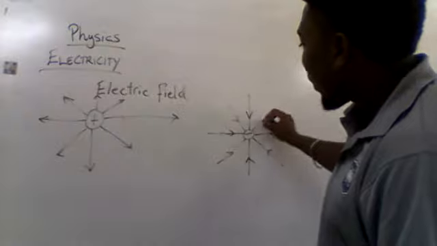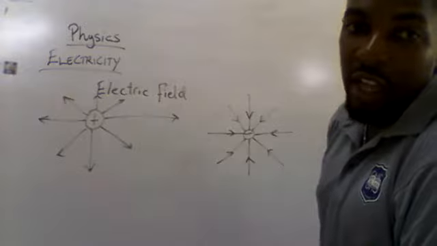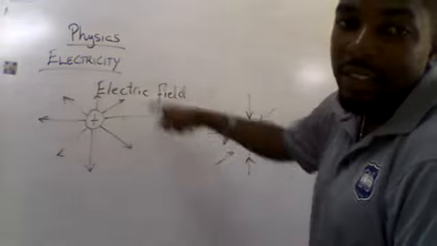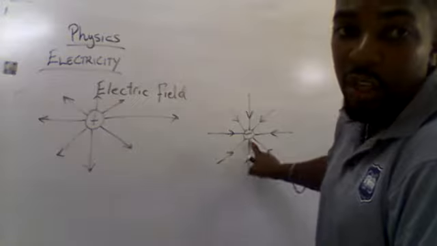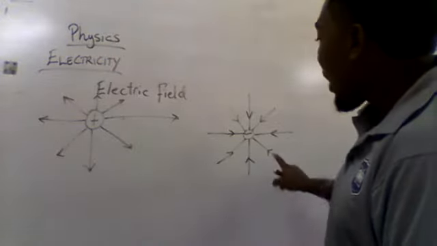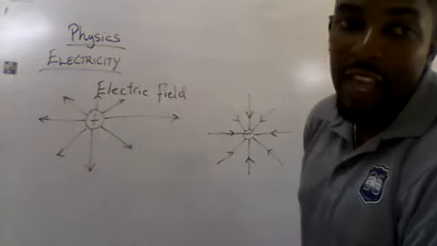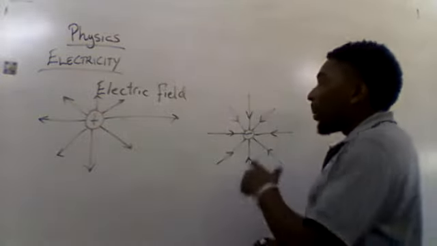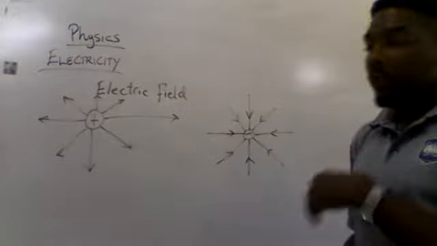No matter where you place that positive charge, they're all attracted towards the negative charge. Therefore, it gives you a similar radial pattern, but the key element here is that these lines point towards the negative charge. Therefore, this represents the field lines of a negative charge. Anytime you place a positive charge anywhere around here, it's going to be attracted towards the negative and repelled from the positive.